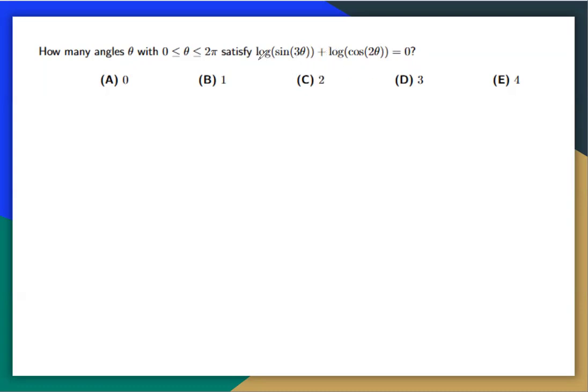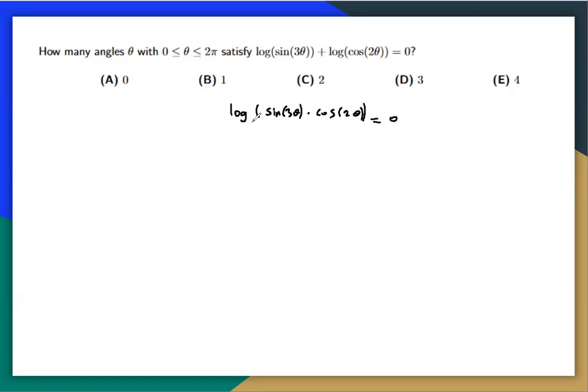Since we know the addition, and we have the same base, base 10, we can just combine those together as log of sine 3 theta times cosine of 2 theta, and let's close this parenthesis. This is equal to 0.